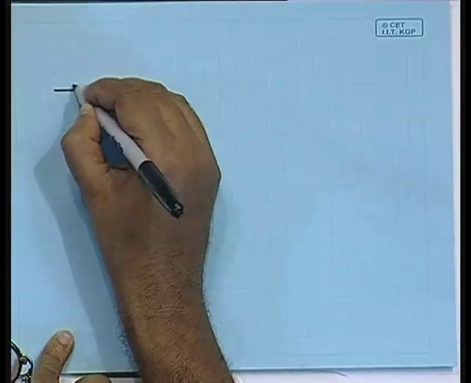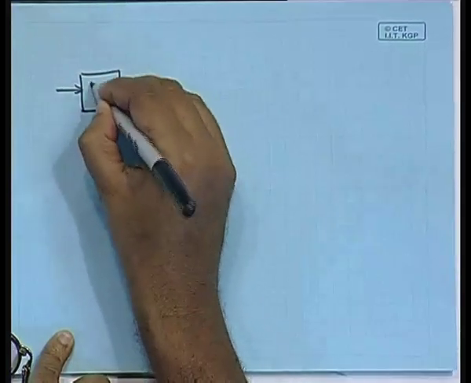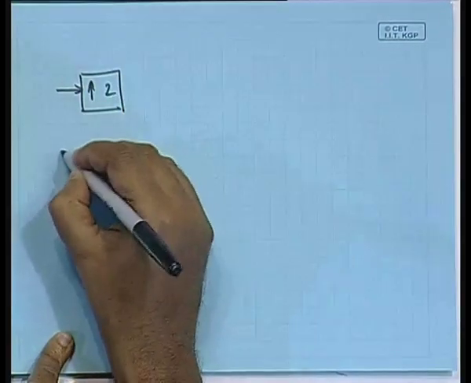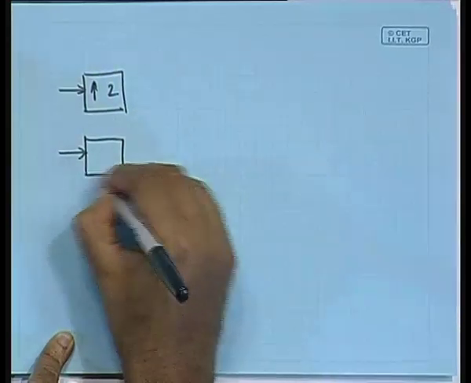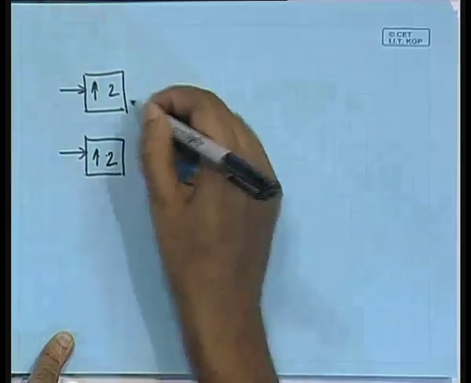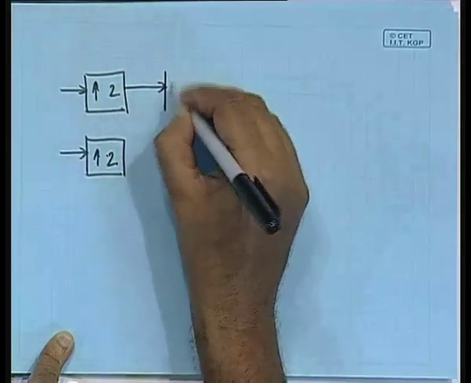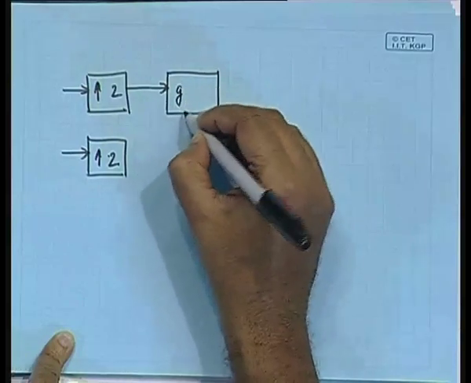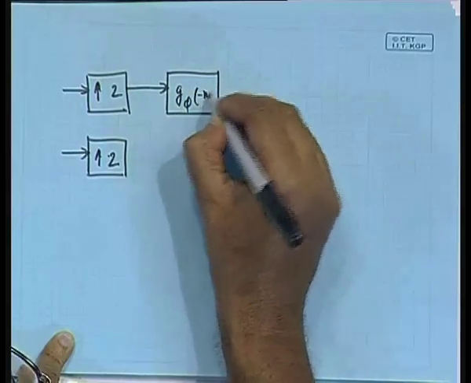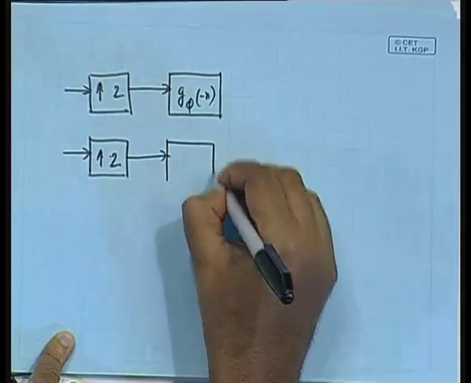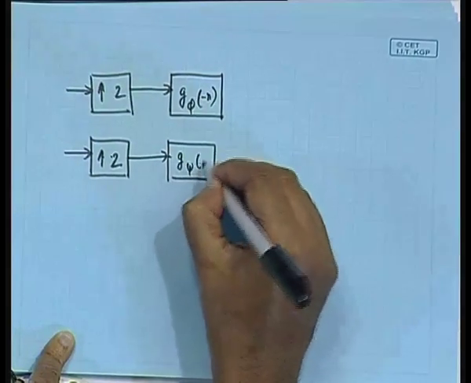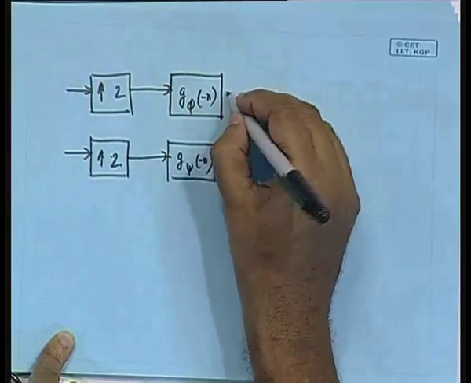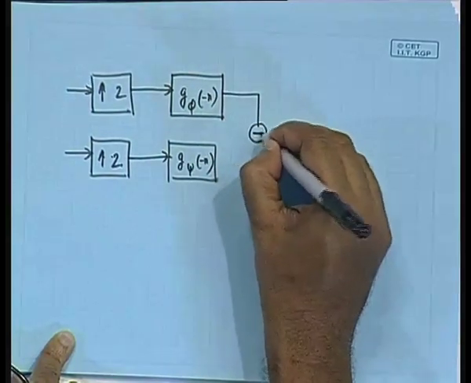The synthesis filter would be just the opposite of this. Since you have downsampled by 2, you have to correspondingly upsample by a factor of 2 over here. So, this is upsample by 2, this is upsample by 2, and then you apply a synthesis filter. Call that G phi of minus n, this you call G psi of minus n, and then these two responses you just add up.